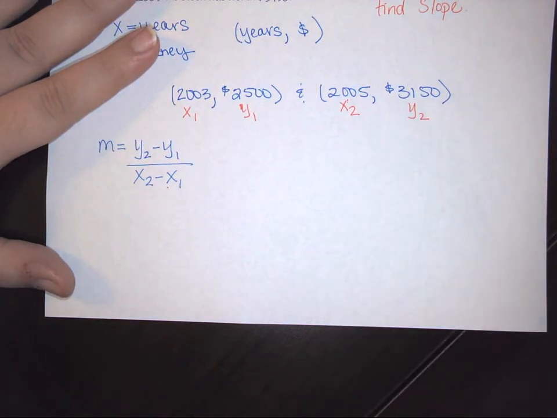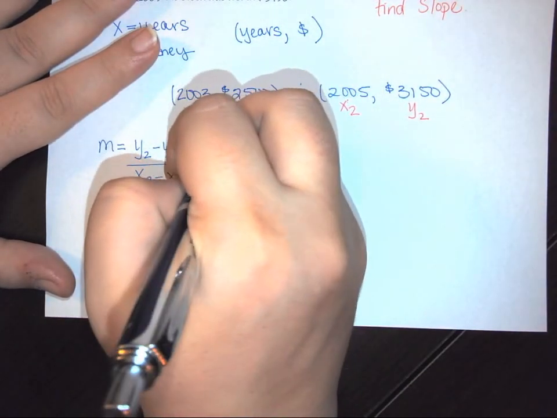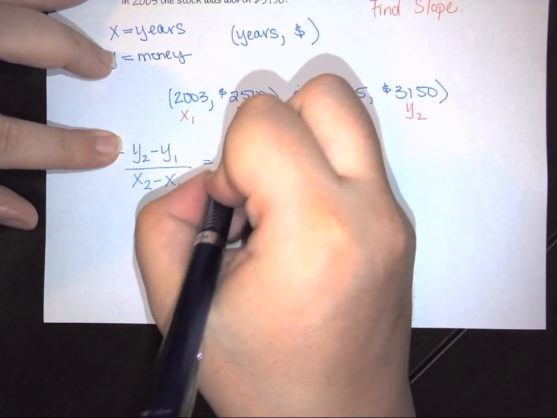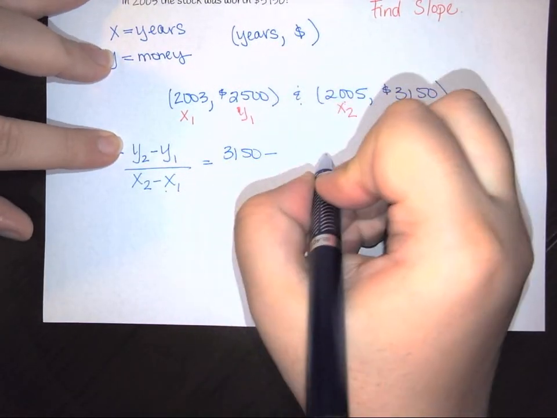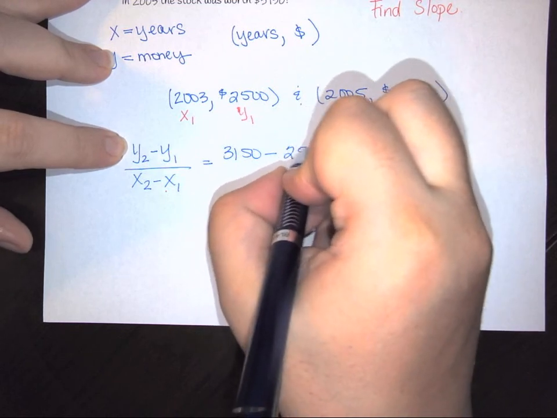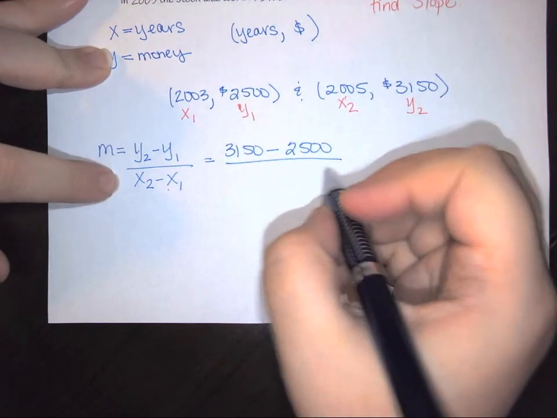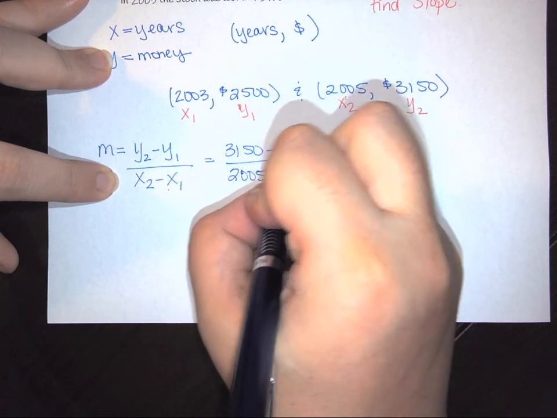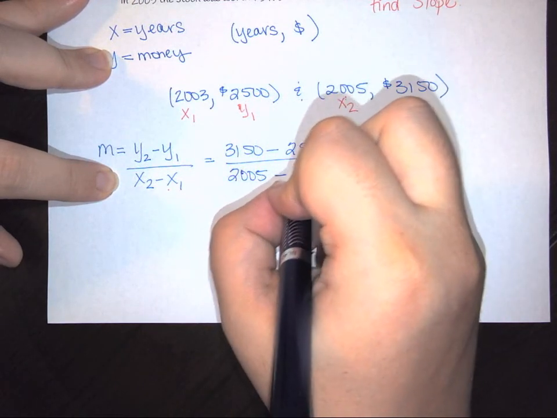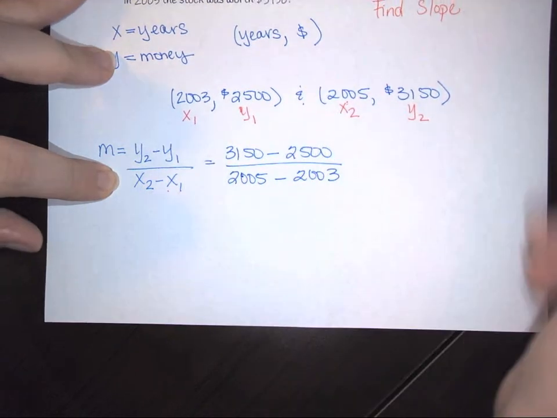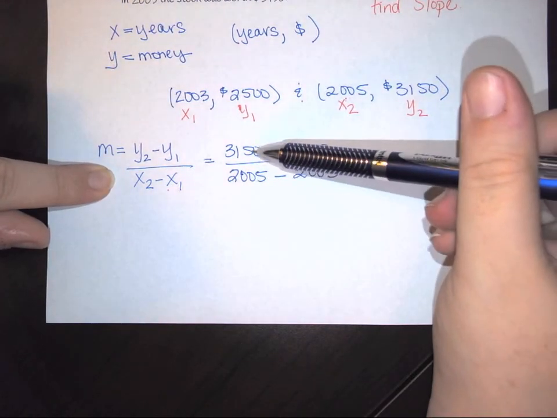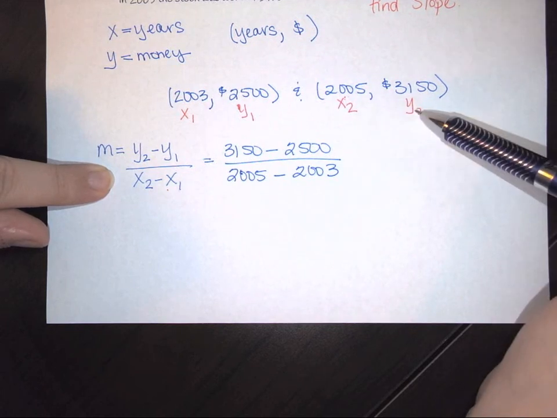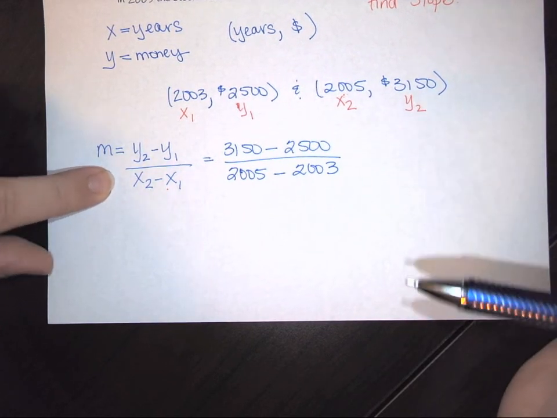Once you declare or know what you're doing, you just simply have to plug it into the formula. So y2, 3150, minus y1, 2500, over x2, 2005, minus x1, 2003. Again, remember your vertical numbers should coincide to the coordinate points that they came from. Okay, and that's one of the ways that you know that you set it up correctly.